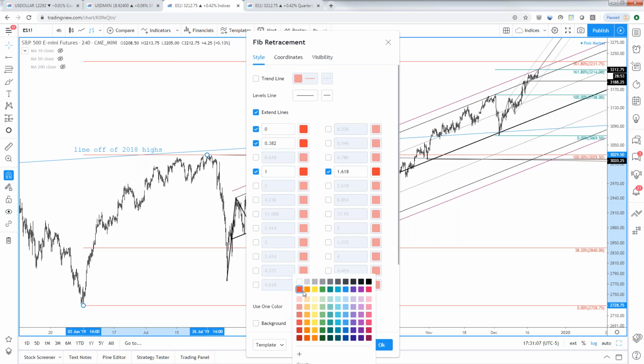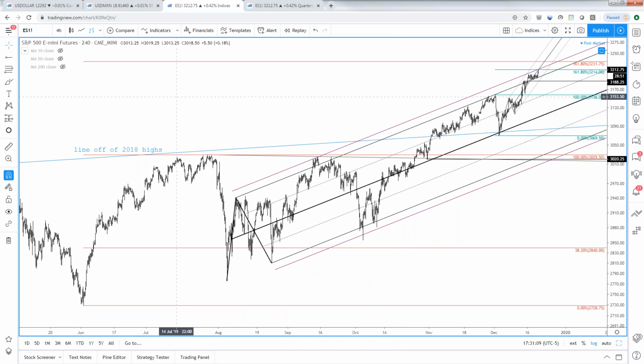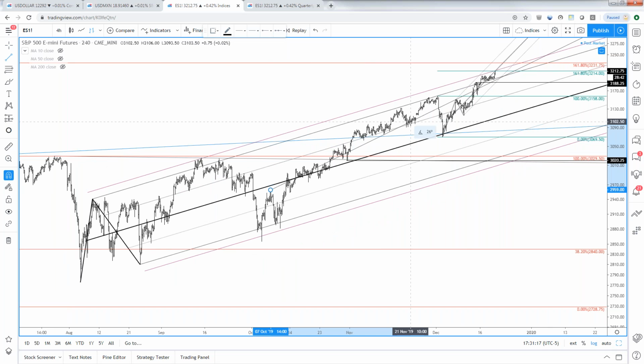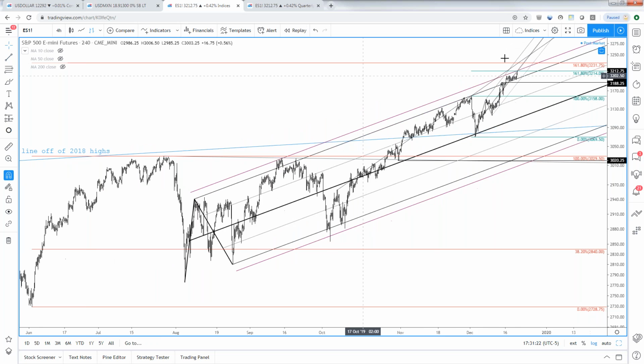Put that in red. All right. So that next one is 32.32 or so, and that would be close to that 1-3 line, wouldn't it?